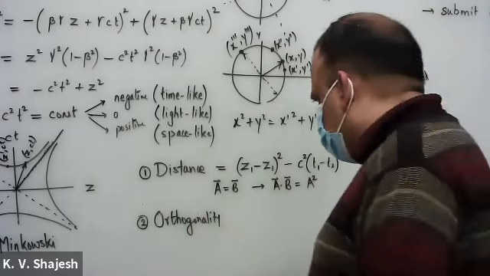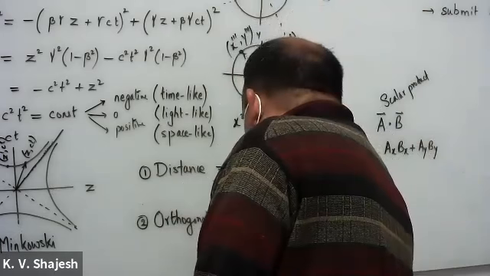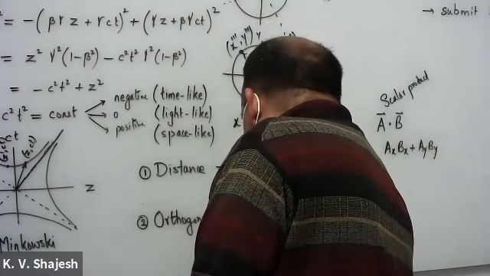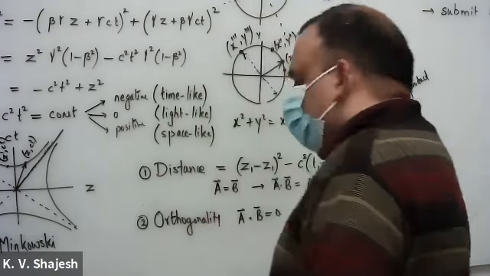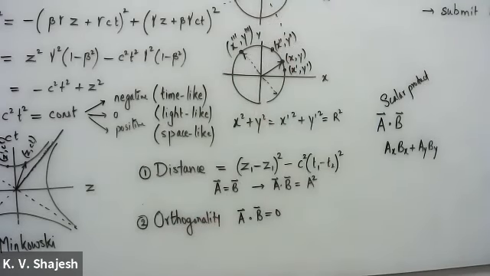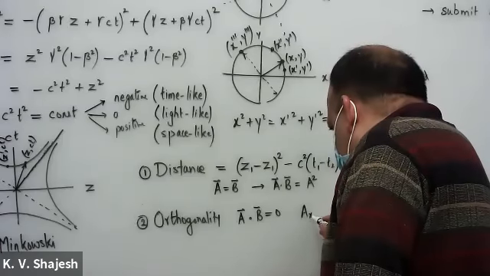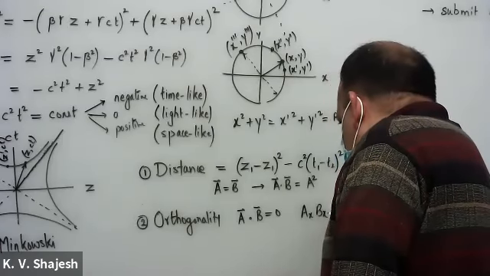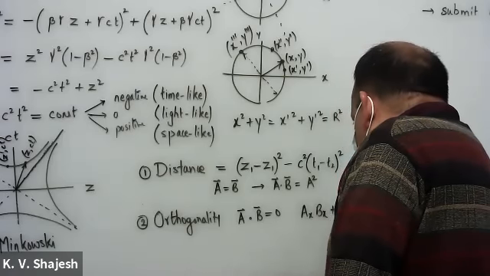And orthogonality is, if I ask the question, for a given A, for what B is this equal to 0? You would say, I have to look for quantities where AX BX plus AY BY is equal to 0.